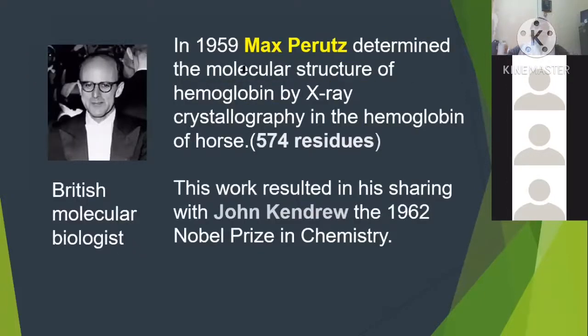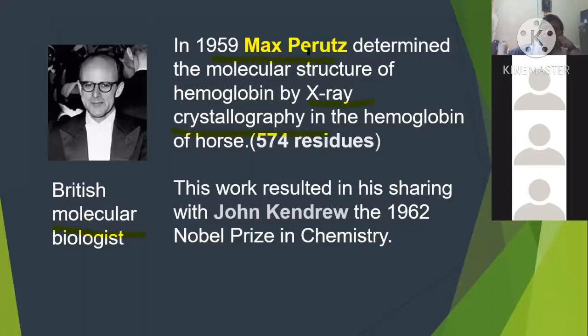It was in 1959 that a British molecular biologist, Max Perutz, determined the molecular structure of hemoglobin by using X-ray crystallography. X-ray crystallography is a technique used to find out molecular structure.